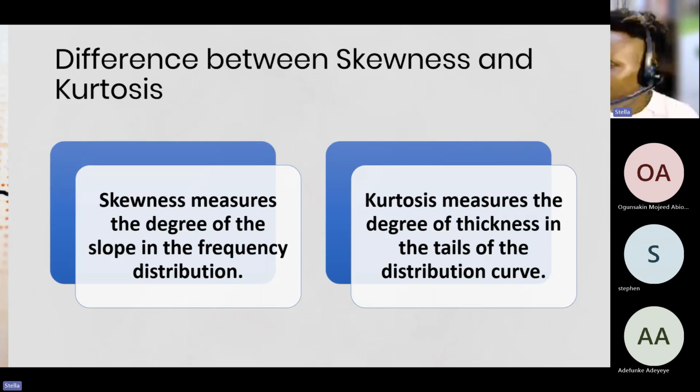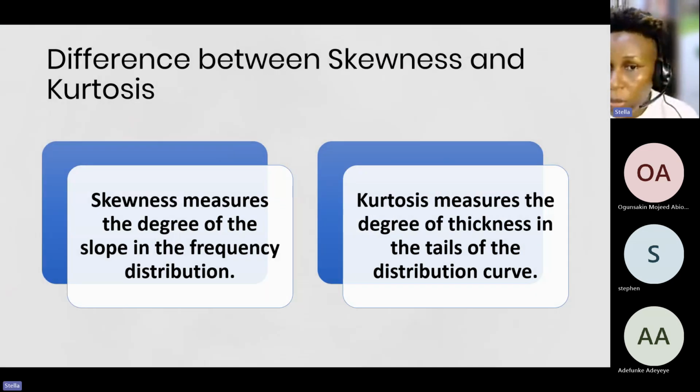All right, so what is the difference between skewness and kurtosis? You may be wondering, what's now the difference between skewness and kurtosis? Skewness measures the degree of the slope in the frequency distribution, while kurtosis measures the degree of thickness in tails of the distribution. So your skewness does not have anything to do with the tail.